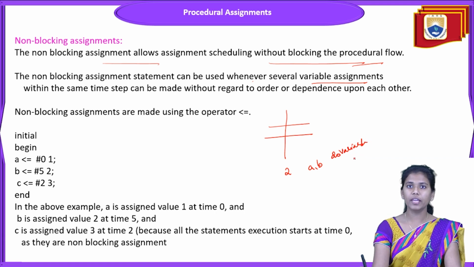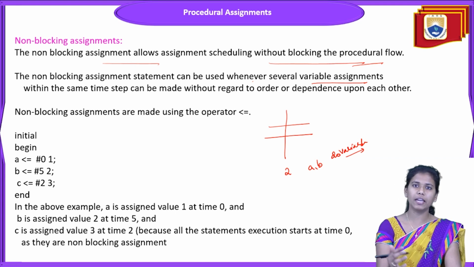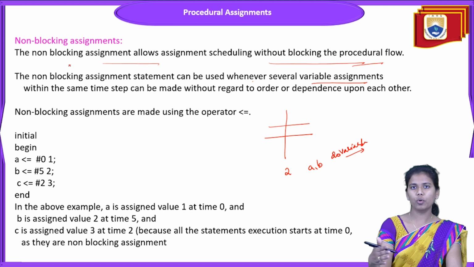In this case, you will see some disturbances, some interruptions, some overlappings, some omitting or adding of variables. In non-blocking assignments, the execution takes place without blocking any flow. It just keeps on going, executing one over the other.